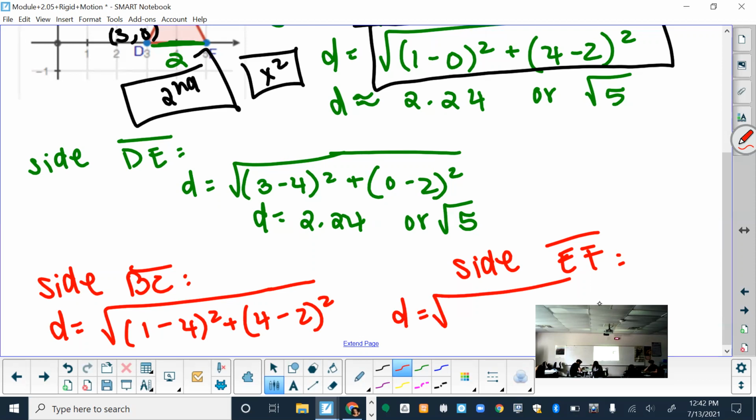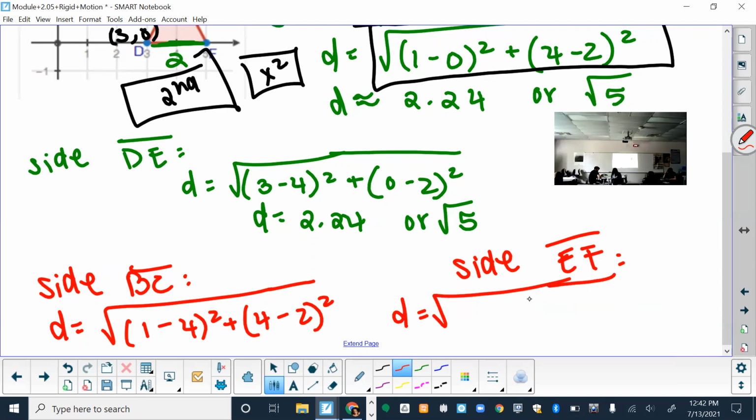So hopefully you're working ahead of me and not just writing down what I'm doing. Because you would have to know how to plug it into the formula and then how to plug it into your calculator.